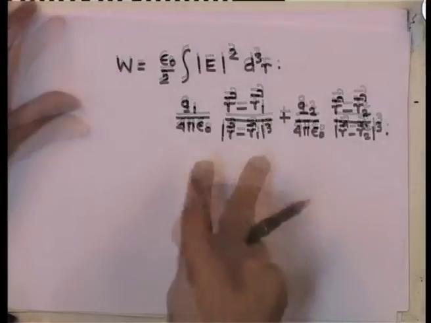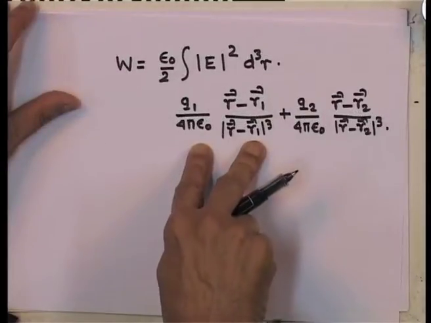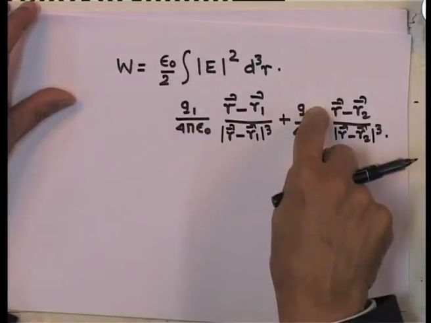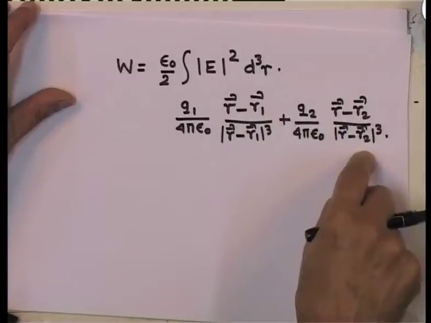Notice this is the electric field due to charges q1 and q2 at the position r.